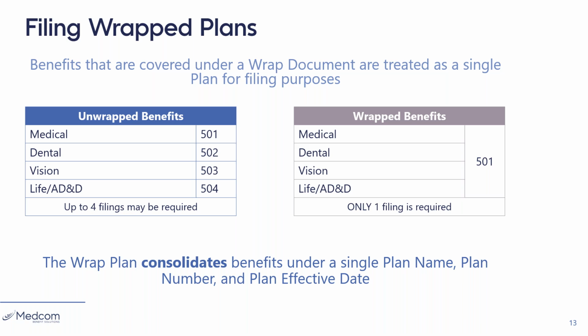Whereas if you have a wrap document in place, the document will quite literally wrap itself around all of the benefits offered subject to ERISA, assign them a singular ERISA plan number, a singular plan name, and they can all be filed in a consolidated 5500 and really limit the need to make multiple reports to the DOL. It helps you with research purposes, and it helps bring everything together.